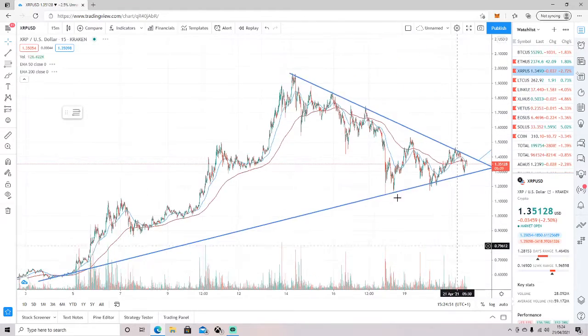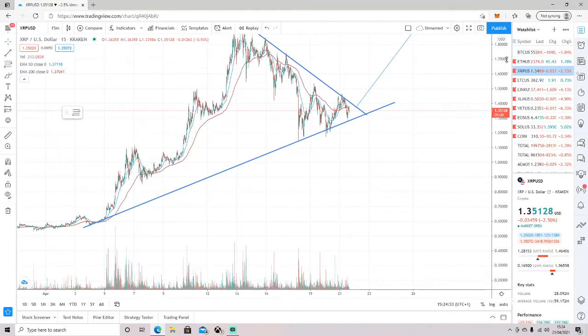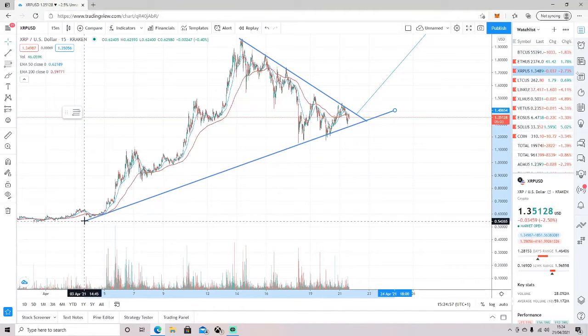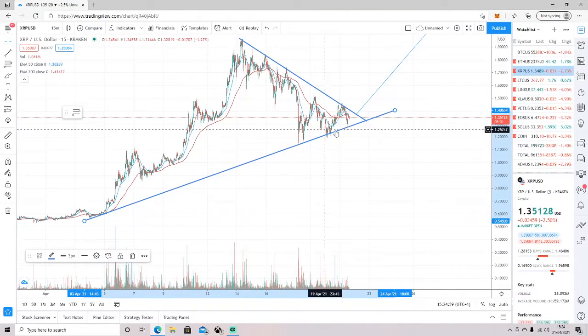So this is another one that I drew in just recently. I took the bottom of the pennant from down here. It's not quite in line. There we go, boom. Lovely. And the top, as you can see, it touches here, here, here, just breaks through, but just rejects the breakthrough.